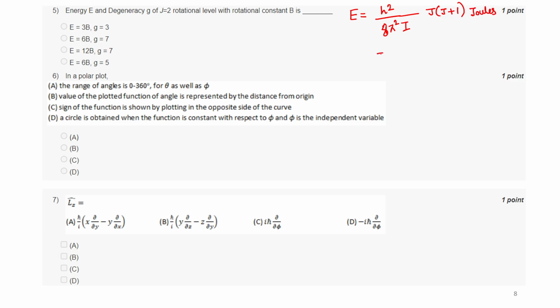And for the spectroscopy part, it is h over 8 pi square I C. I hope I am not making any mistake. This is in centimeter inverse.